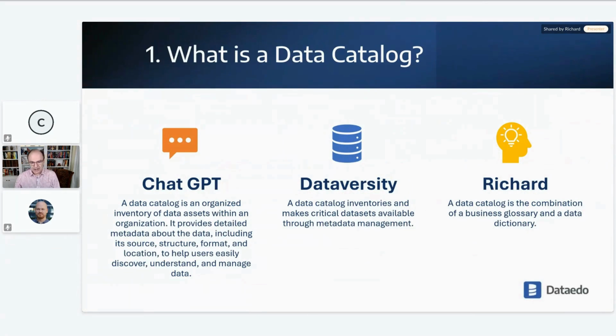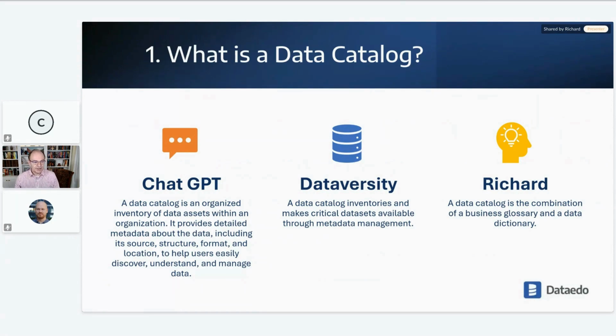So the Dataversity definition is there in the middle. Dataversity gives us a very nice, concise definition that a data catalog inventories and makes critical data sets available for metadata management. Nice, concise definition that covers the basics there.